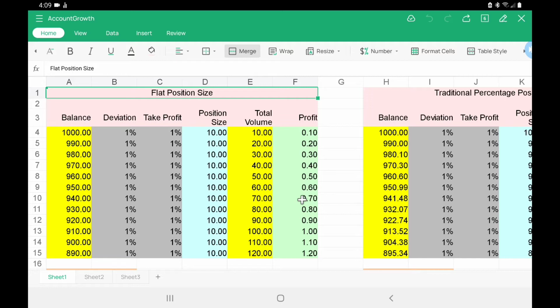Short, sweet, and simple. If my take profit boundary is only hit after the first purchase, I'm only going to make 10 cents. This grows very conveniently. It grows at a fixed rate and it grows very generously.